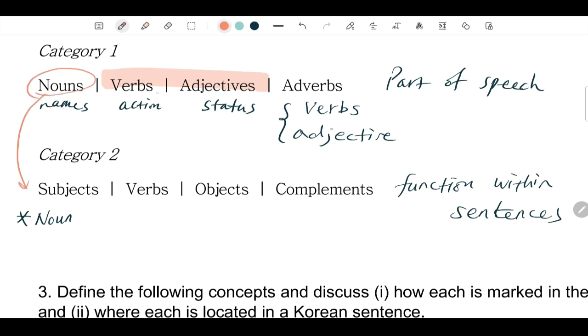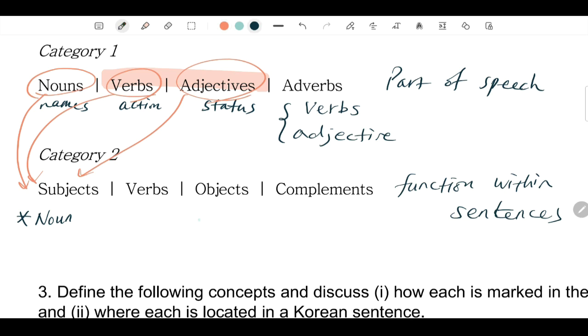Nouns can be subject, verbs can be subject, adjectives can be subject, but in different forms, isn't it? To make verb into nouns, what do we need? ing or to. To make adjectives into noun, what do you need? Being or to be, isn't it?